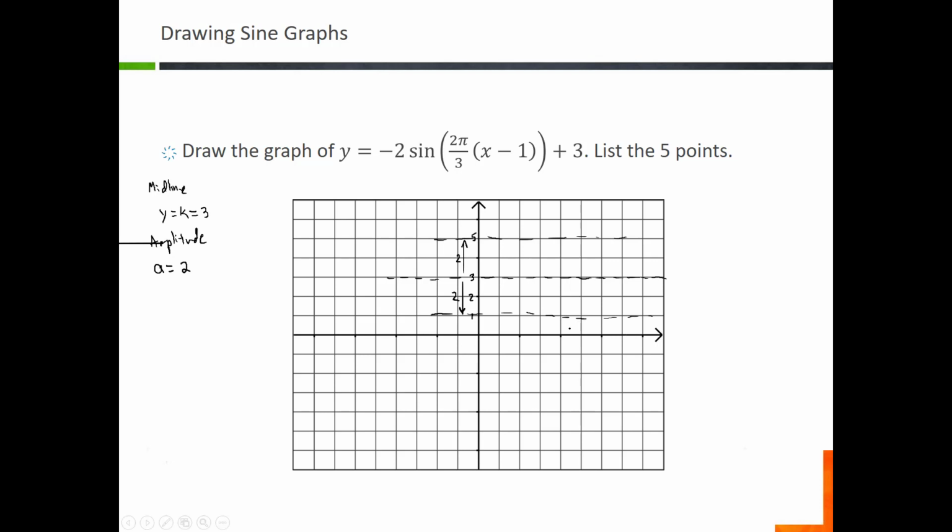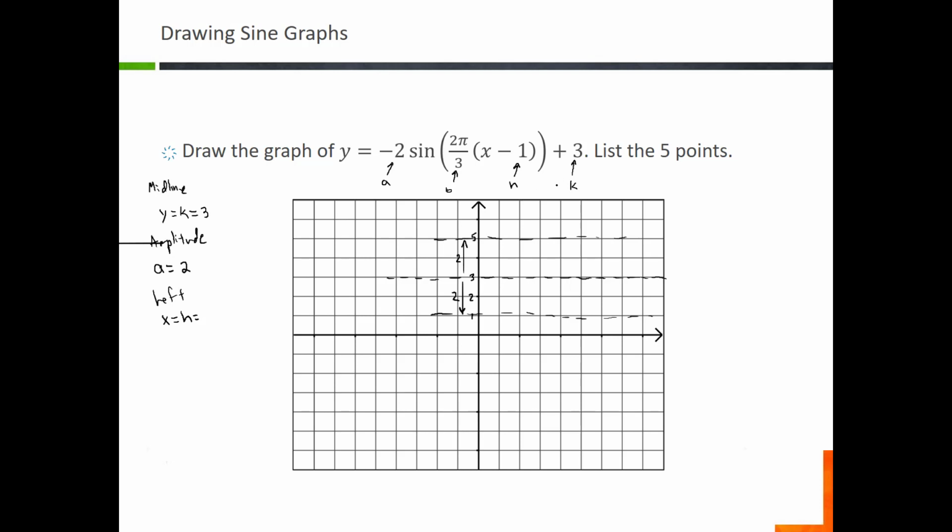Okay, so we now have the middle, we have the top, we have the bottom. So where's the left edge of the box? The left edge occurred at the x value of h. And what is h in this case? So again, this is a, this is b, this is h, and this is k.